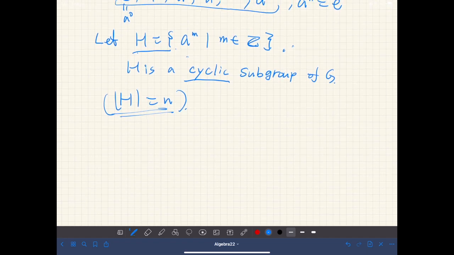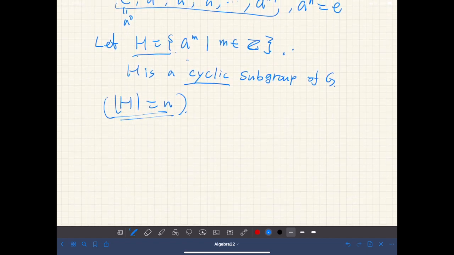So let's consider any element a to the power of m in H. Take an arbitrary element, a to the power of m.